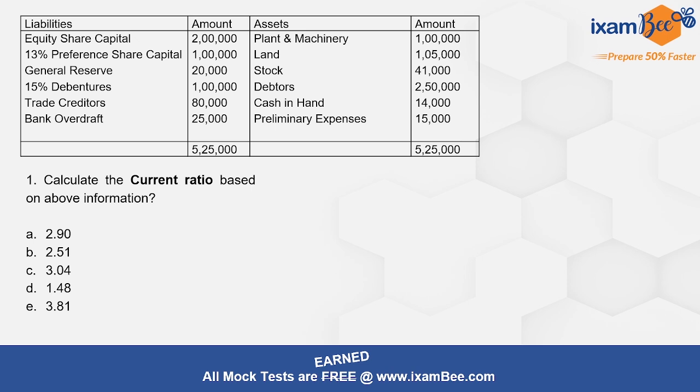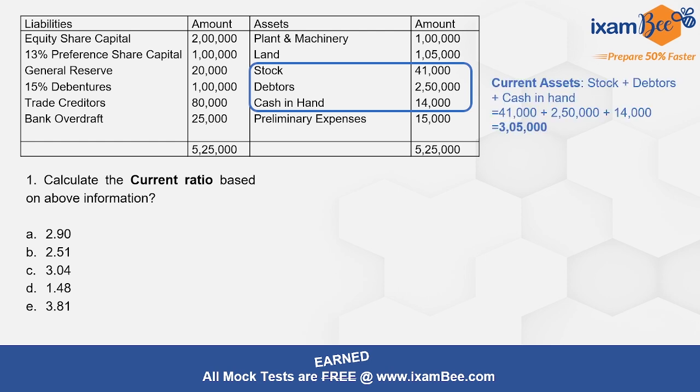So the formula to calculate current ratio is current asset divided by current liability. First, we need to calculate the current assets and current liabilities. In the asset side, we can see that three items are current assets, stock, debtors and cash, with 41,000, 2,50,000 and 14,000 respectively. So the total comes to around 3,05,000.